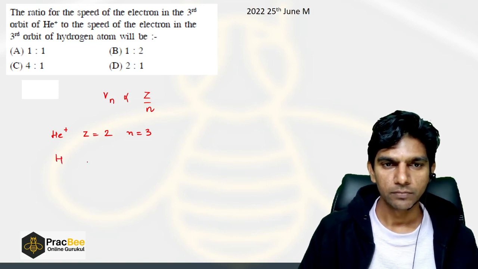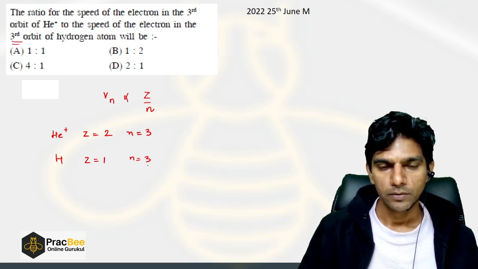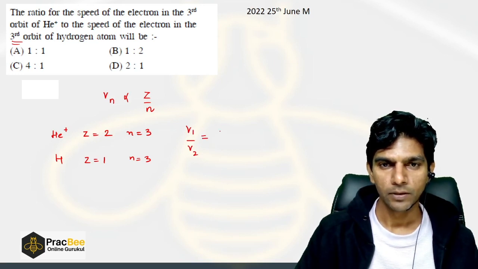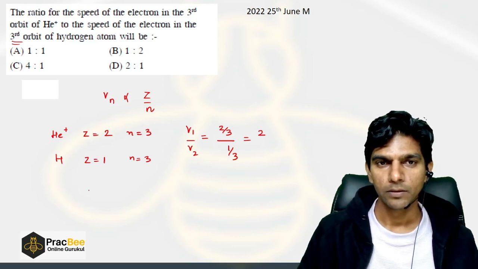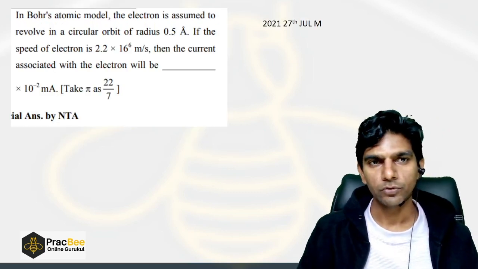For hydrogen, Z equals 1 and n equals 3. So V1 by V2 will be 2 by 3 divided by 1 by 3. This comes out to be 2, so the ratio will be 2 raised to 1, option D.